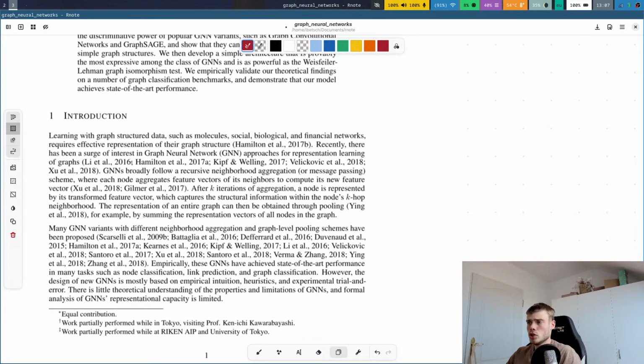Recently, there has been a surge of interest in graph neural network, GNN, approaches for representation learning of graphs. GNNs broadly follow a recursive neighborhood aggregation or message passing scheme.